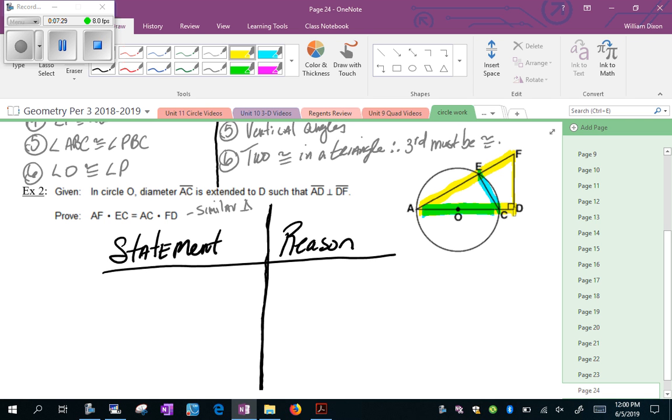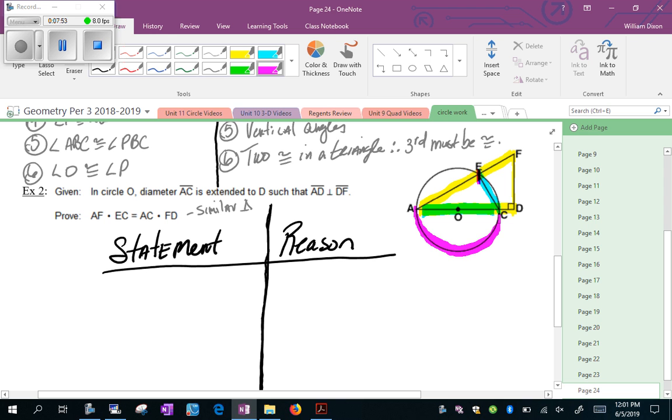Now, what do I see? Well, I have angle E up here. All right, that's an inscribed angle, and that inscribed angle is cutting the arcs of this circle. Very important. It's the semicircle. That's 180 degrees.